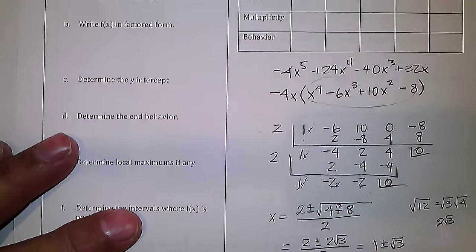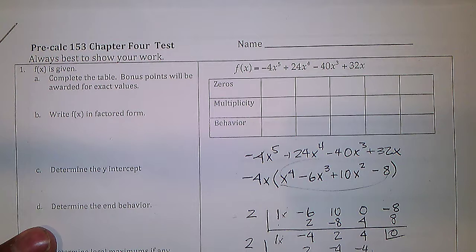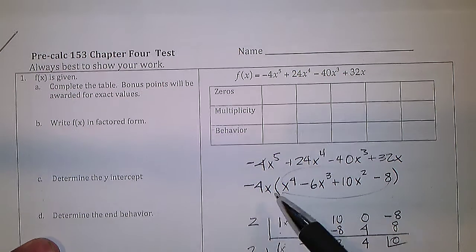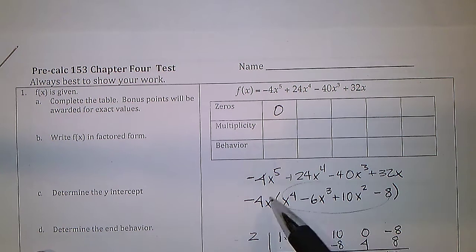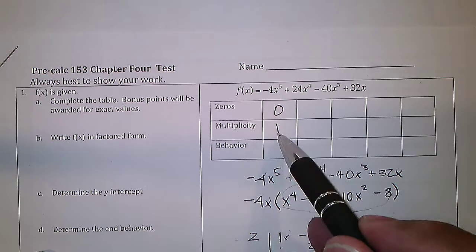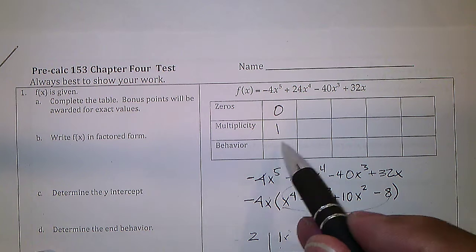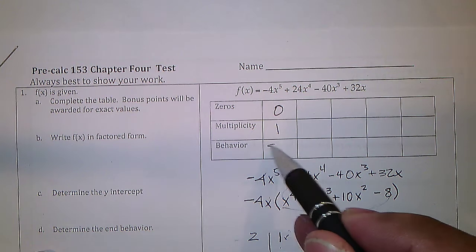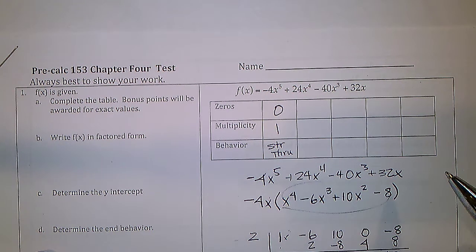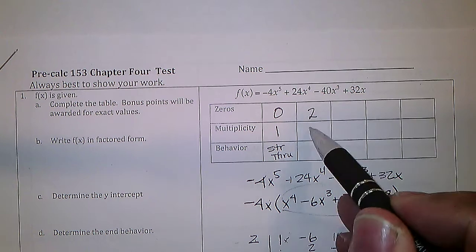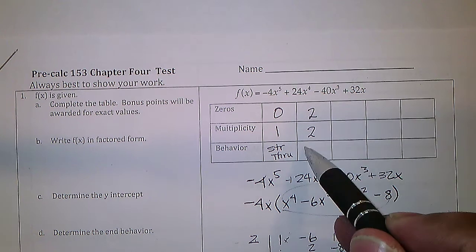So let's go back up here and put them. First of all, we had 0 from this. Its multiplicity is 1 because that's a single factor, so it goes straight through. And then we found 2 happening twice because that bounced.